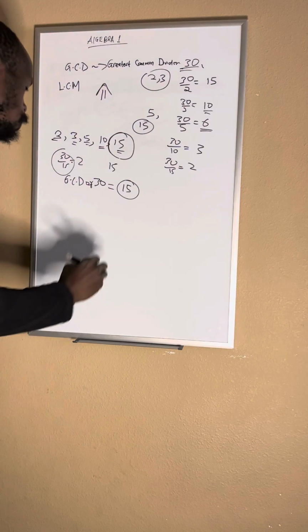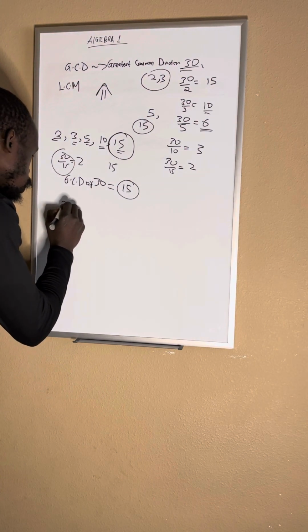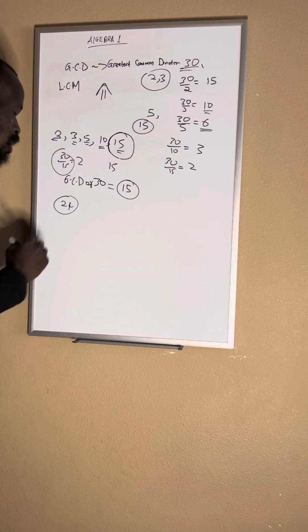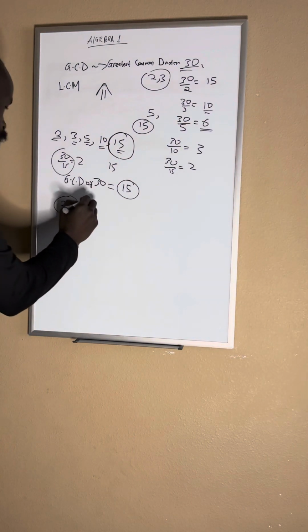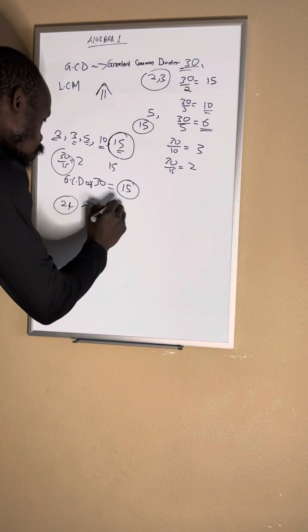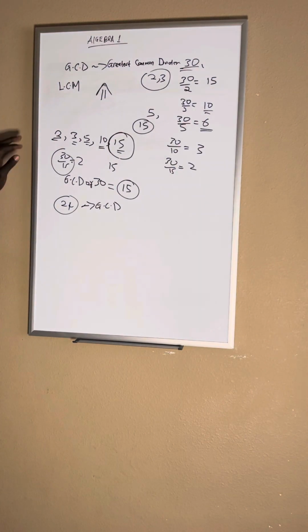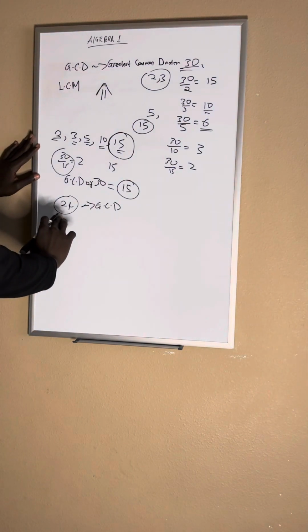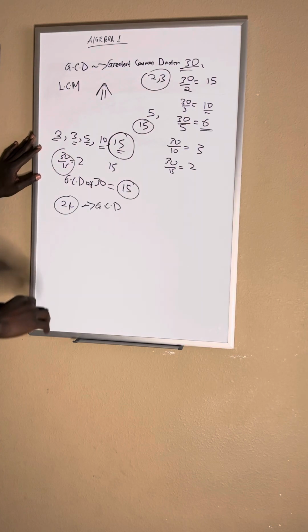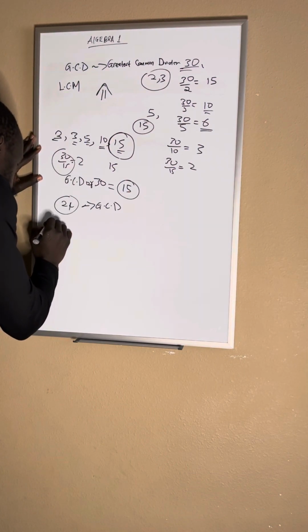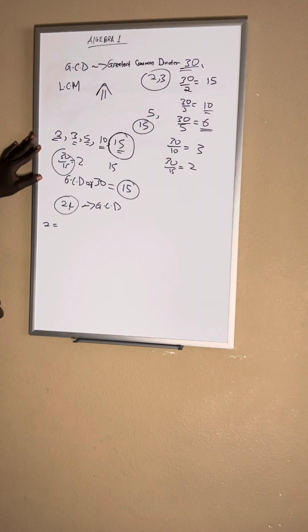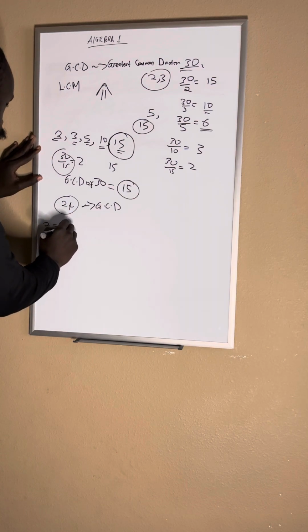Let's try another number. You're given a number 24 and you're asked what is the GCD of 24, okay? Now, which are the numbers that we can use to divide 24 to get a whole number? The first number is 2. And when you divide 24 by 2, what do you get? 12.